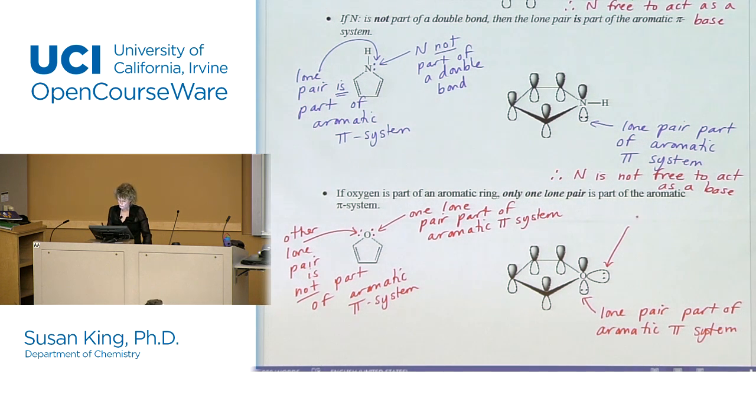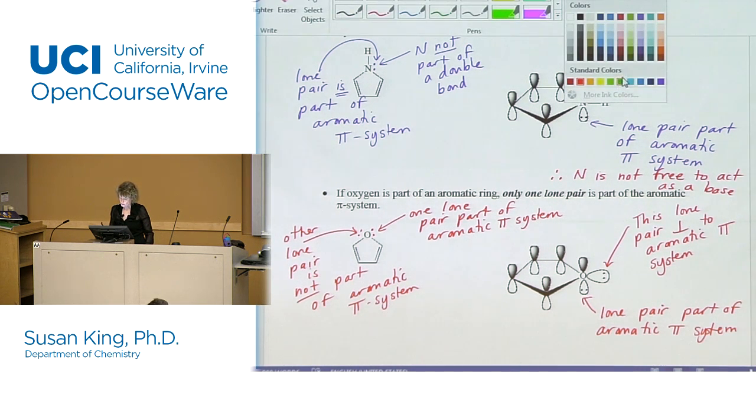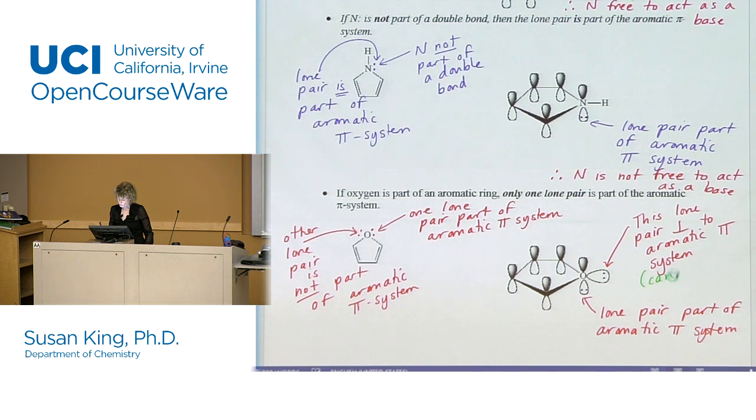This lone pair is perpendicular to the aromatic pi system. And so that means that you can protonate that oxygen. So you can protonate here.